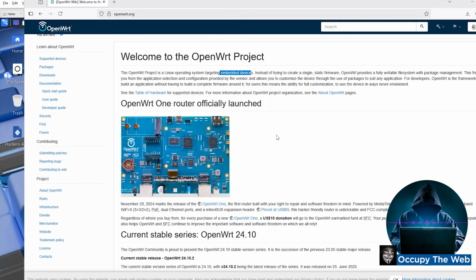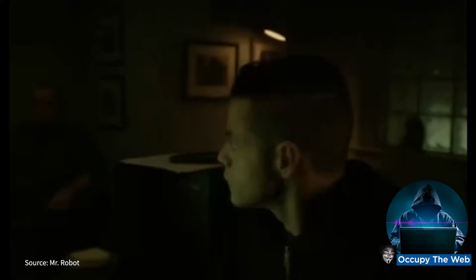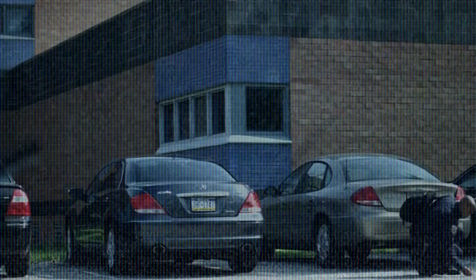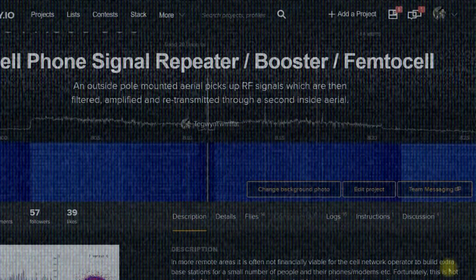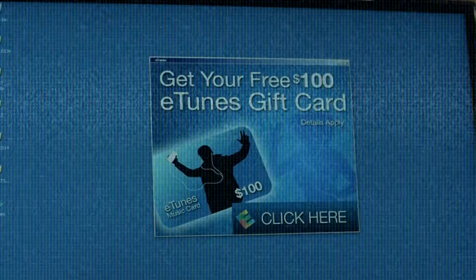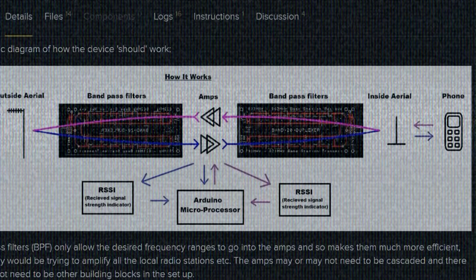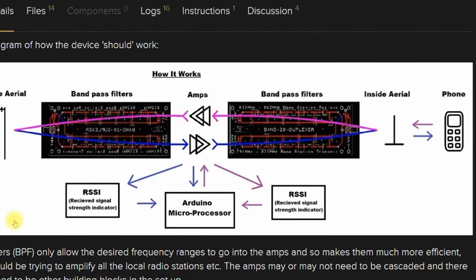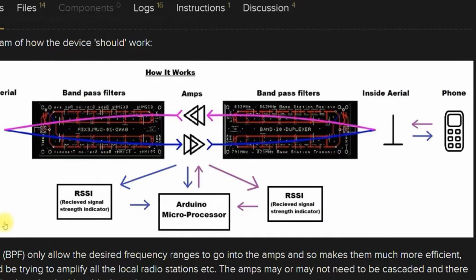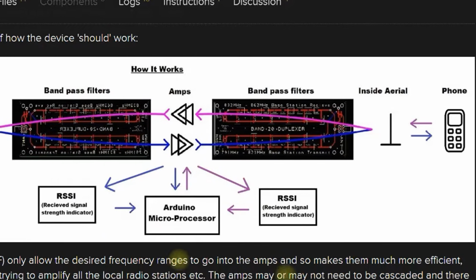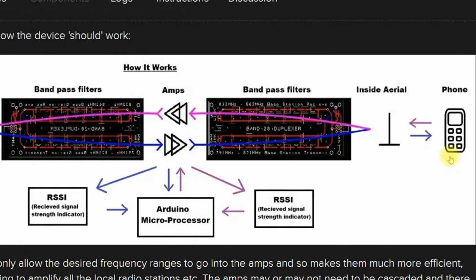Those of you who are Mr. Robot fans, like me, Mr. Robot used OpenWRT to create a Phantomcell. A Phantomcell is simply a device that attracts and receives your cell messages coming from your phone, and then sends them through the internet.